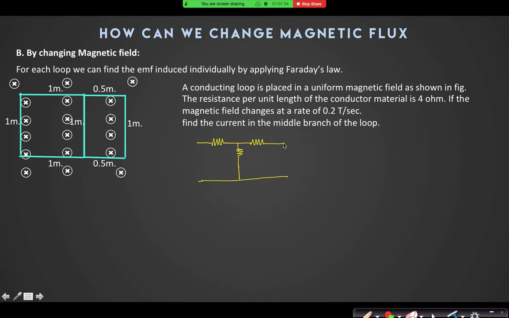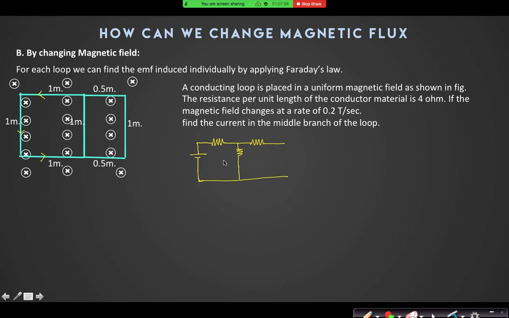8 milliampere. Can you find the direction of induced current in this bigger loop? Anti-clockwise, because the cross magnetic field is increasing, so the induced field has to be dot. For this current, can I apply an EMF like this?